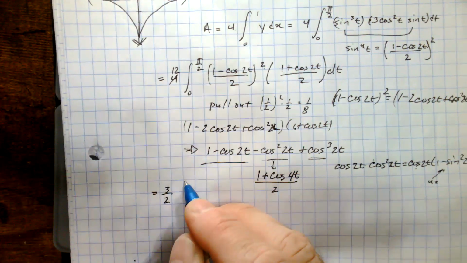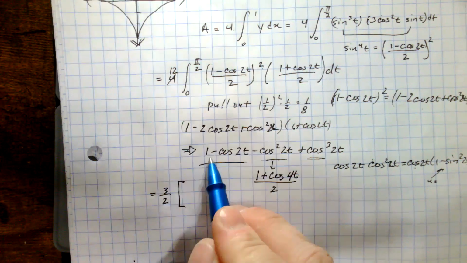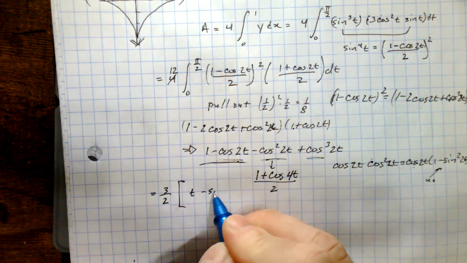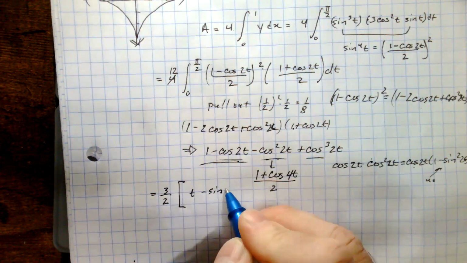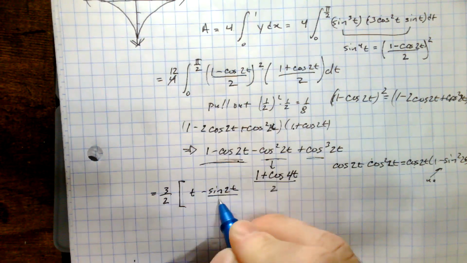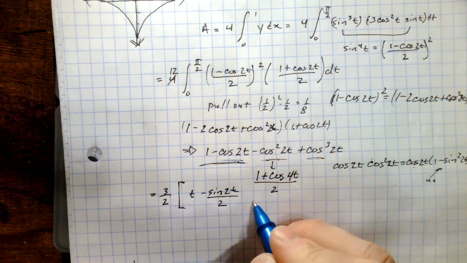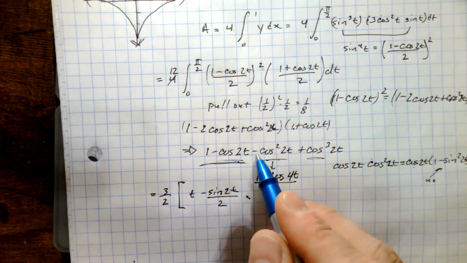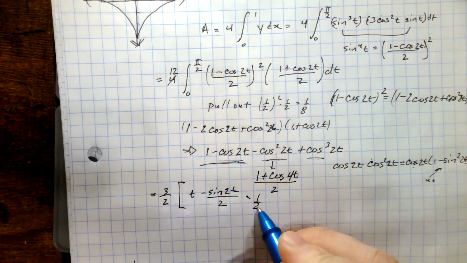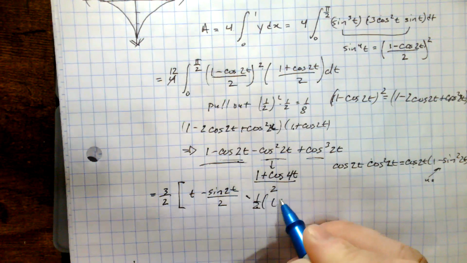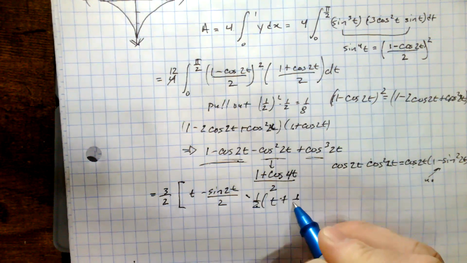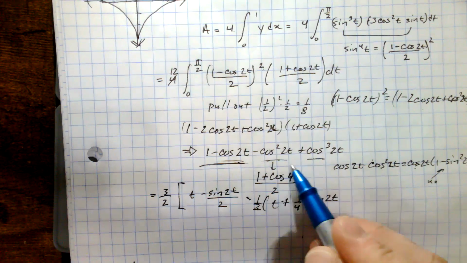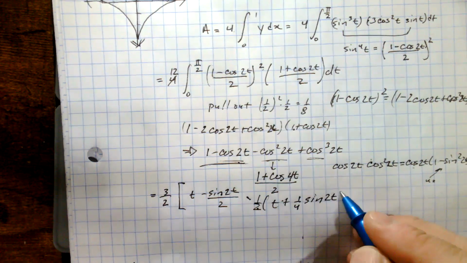Each of these integrals then: this integral is going to give me t minus sine of 2t divided by 2. Minus 1/2 times (t plus 1/4 sine of 4t), and that's coming from this part right here, integrating that.